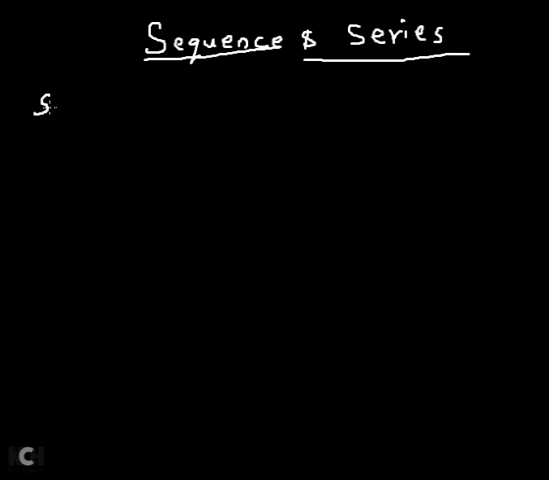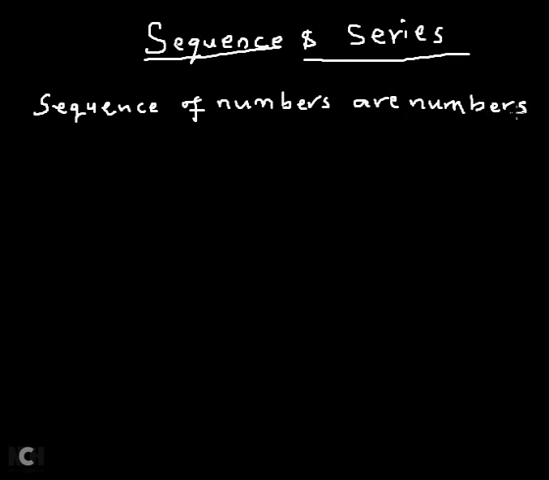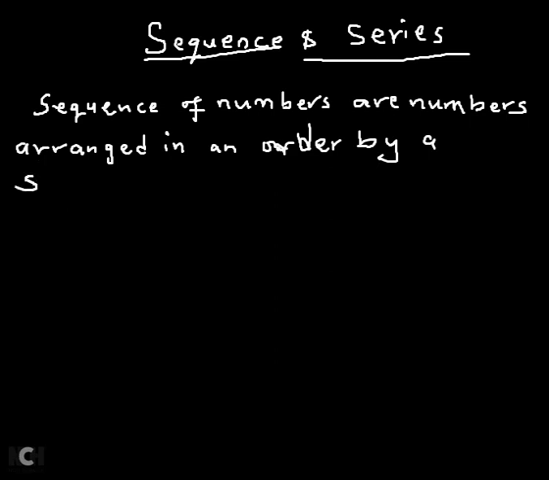A sequence of numbers are numbers that are arranged in an order, in an order by a specific rule.